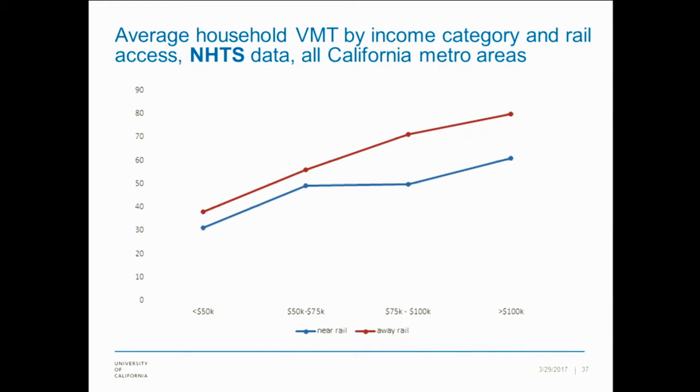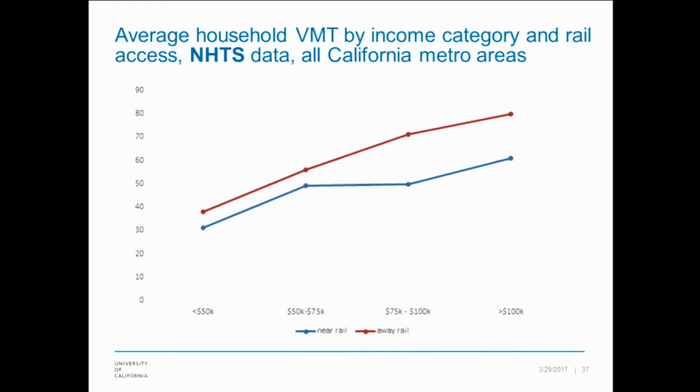So at first blush, what we're learning here is that if you believe that if people move from a place that is not near rail to a place that is near rail, that this is the difference, it implies that the reduction of vehicle miles traveled is higher for higher income groups than for lower income groups. And we're going to come back to this because this big difference tends to go away once you control for other factors.